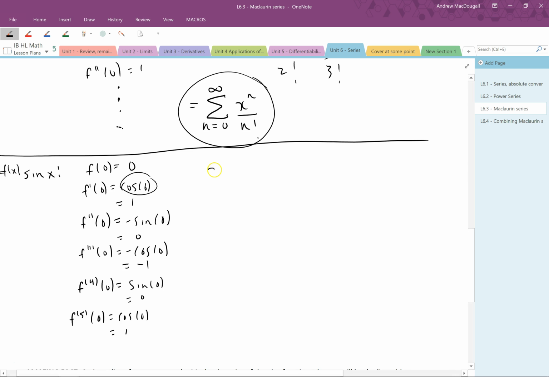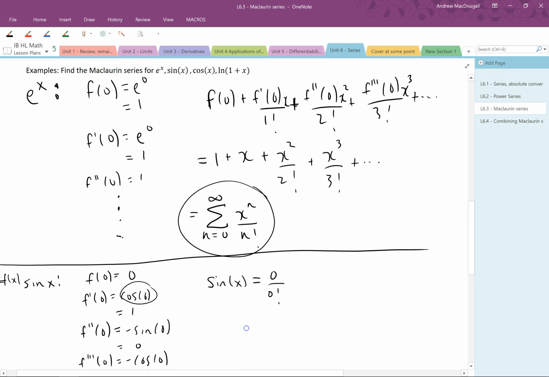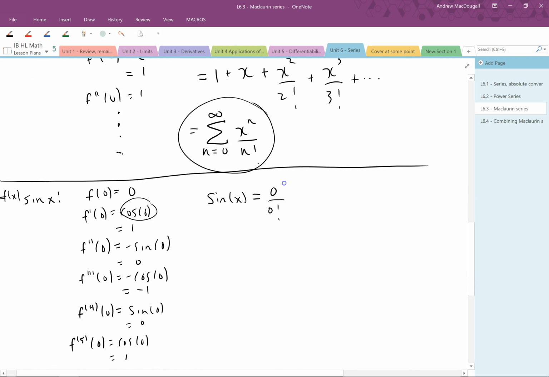So what does our Maclaurin series look like? I'm going to write equals because these are equal wherever they converge. Well, it's equal to f of 0, which is 0, over 0 factorial. Sorry, I'm losing something here.